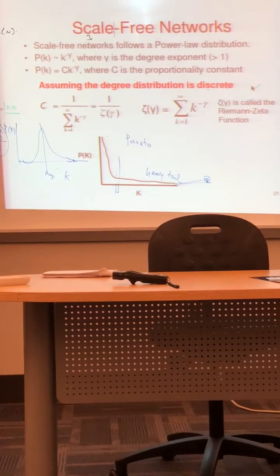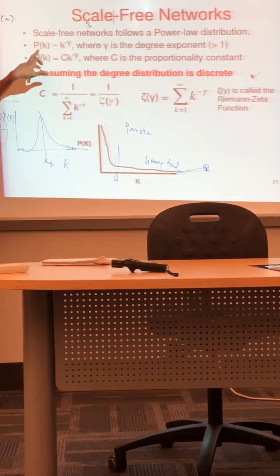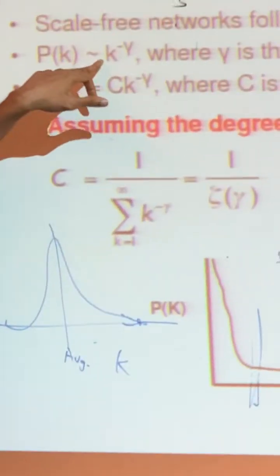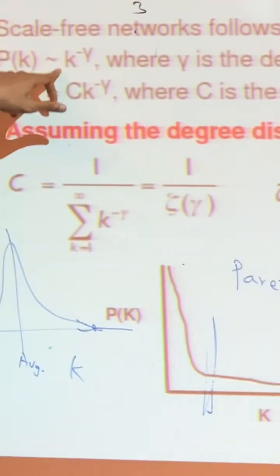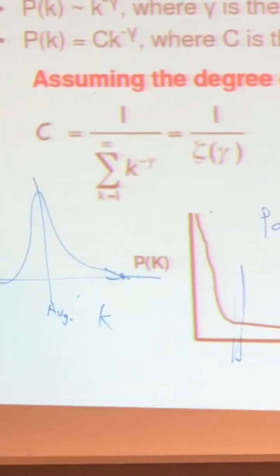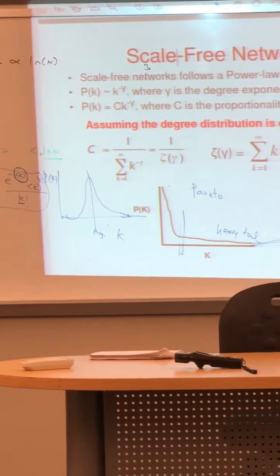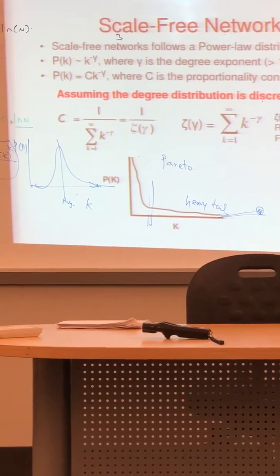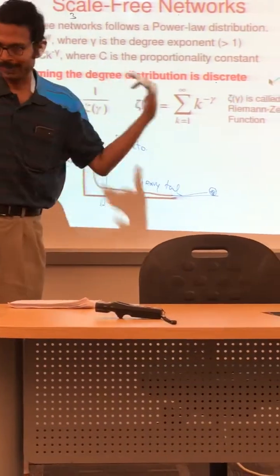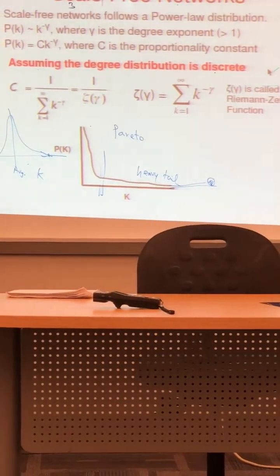The scale-free network model is this. The probability of finding a node with a certain degree k is proportional to k raised to negative gamma. This gamma is a constant, called the degree exponent. It is typically greater than 1. We'll see later why it can't be less than 1.